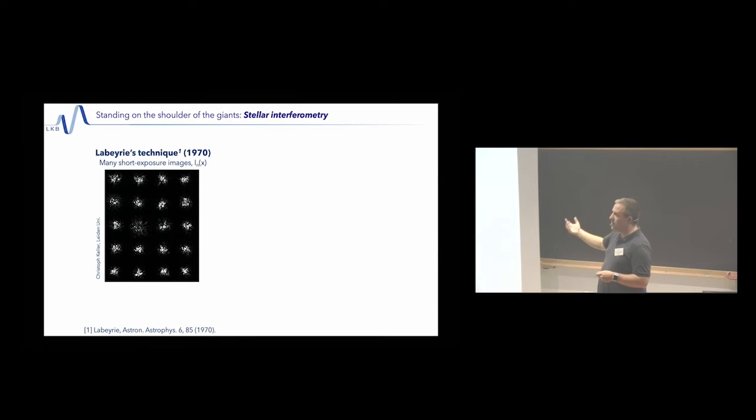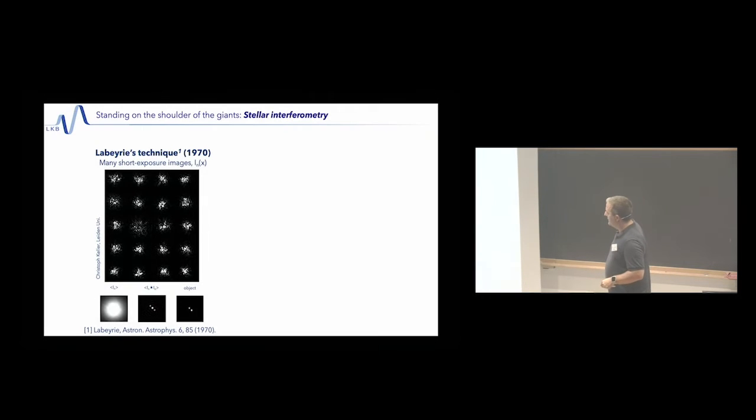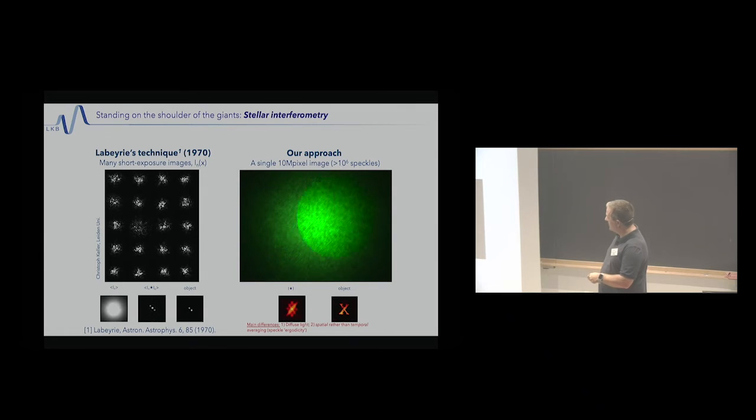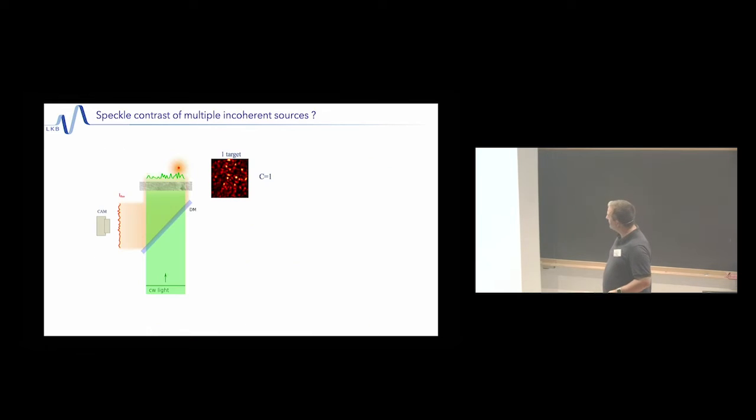But if you take many short exposures and do the autocorrelation, you can distinguish that it was basically two stars. So what we did is, this is really time and space fluctuation, and we did it just with spatial averaging on a single frame with many more pixels. But it's essentially the same thing.